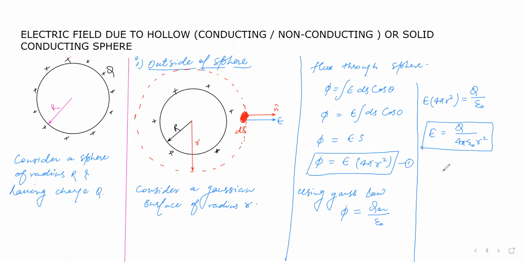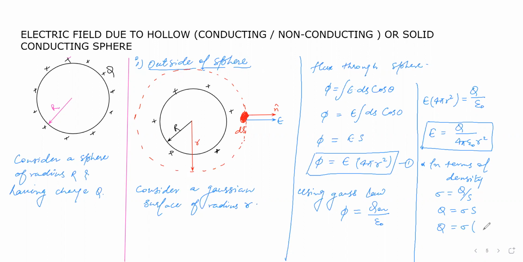When you want to calculate the value of electric field in terms of density, you can write the value of Q. Sigma is Q over S, or Q is equal to sigma into S. What is S here?